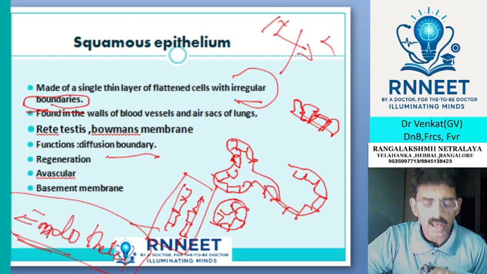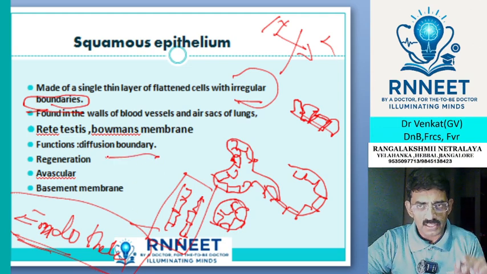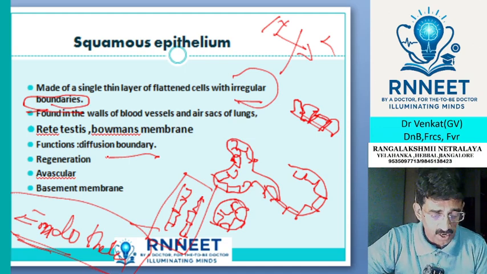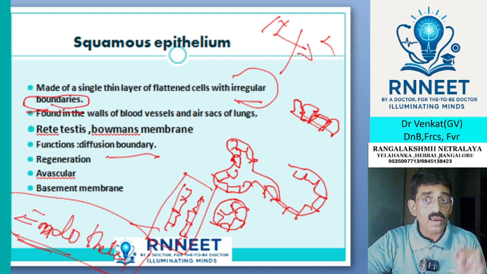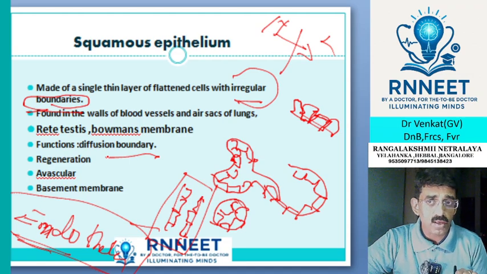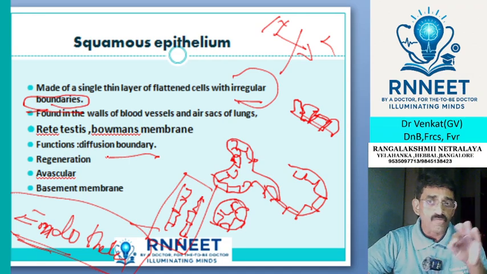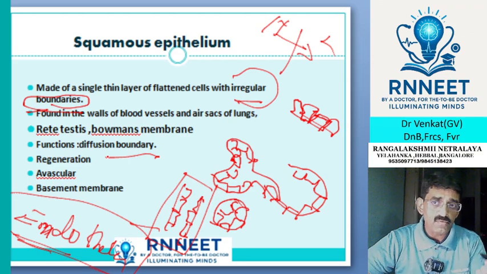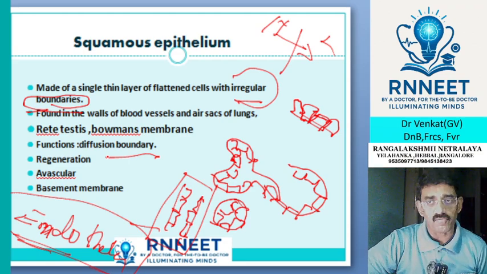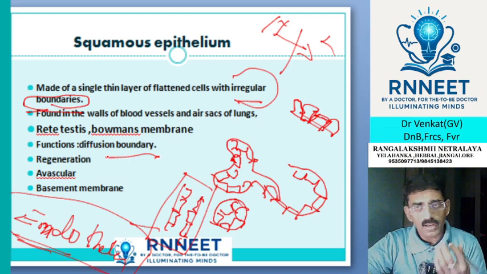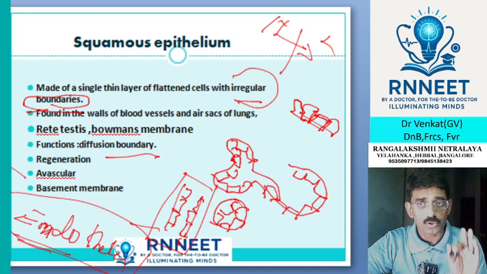The other important characteristic feature of these cells is that they show regeneration. That means they can regenerate. They are avascular. Because they are already a single layer and they maintain diffusion, they derive their oxygen through diffusion itself. When oxygen passes through them from one place to another, the oxygen can automatically be utilized by these cells, and therefore they are avascular.